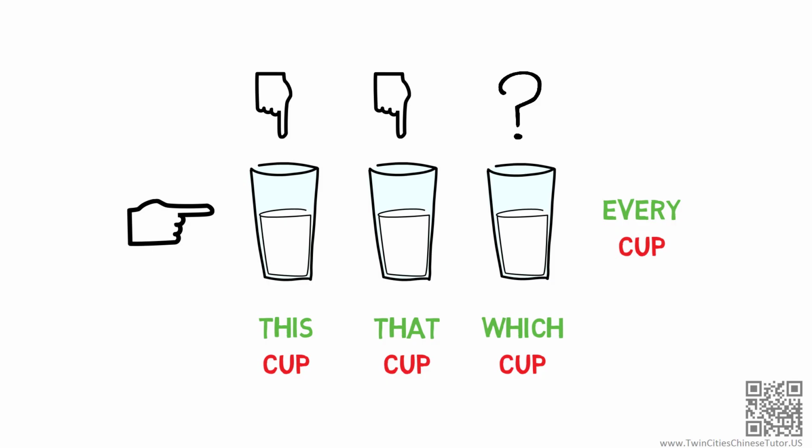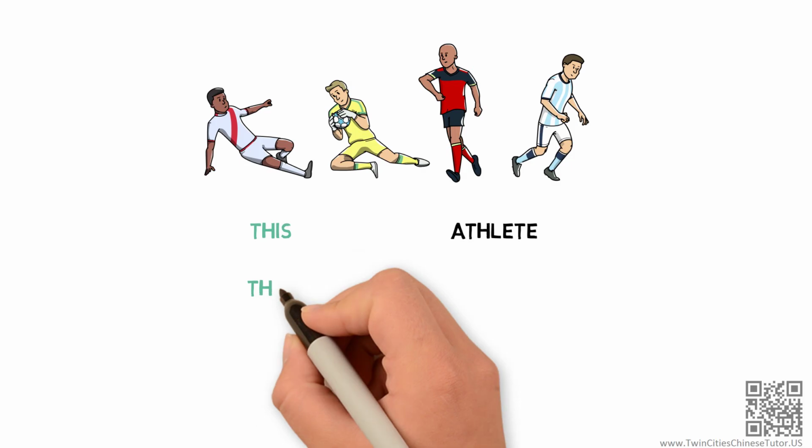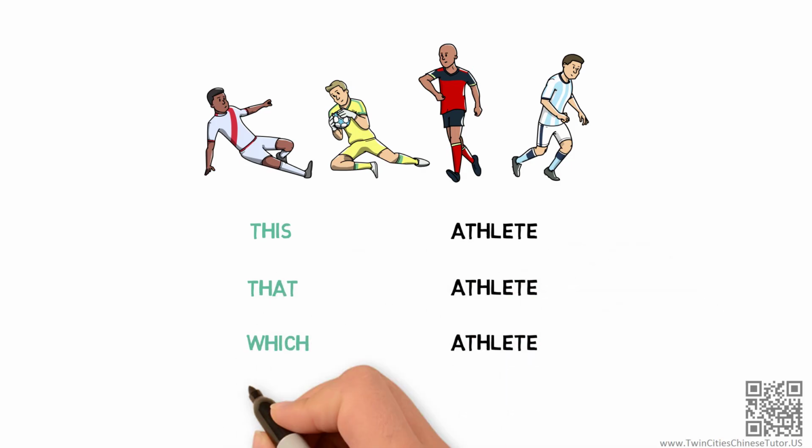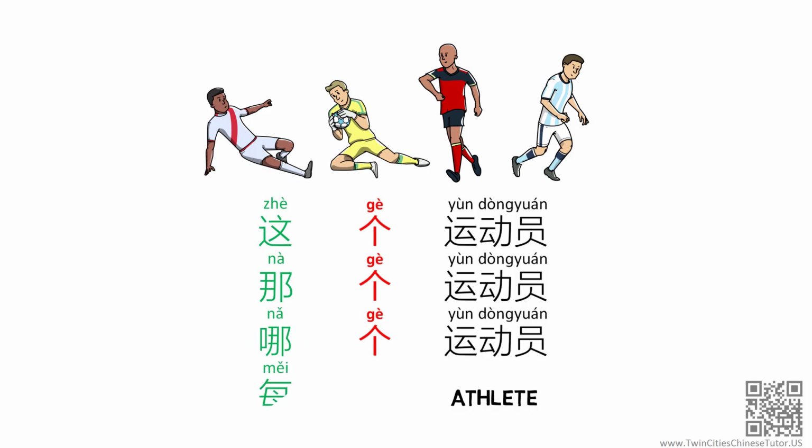Similarly in Chinese, we also need a measure word after the Chinese equivalent of this, that, which, and every. So to say this athlete, that athlete, which athlete, every athlete, in Chinese they are 这个运动员, 那个运动员, 哪个运动员, 每个运动员.